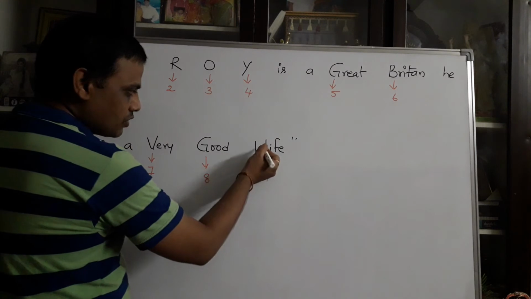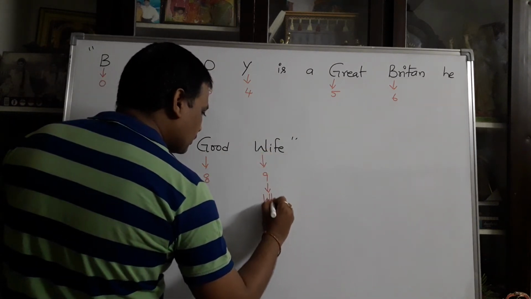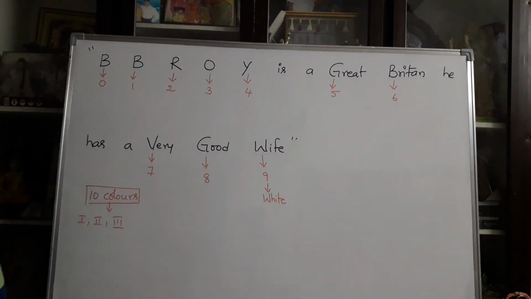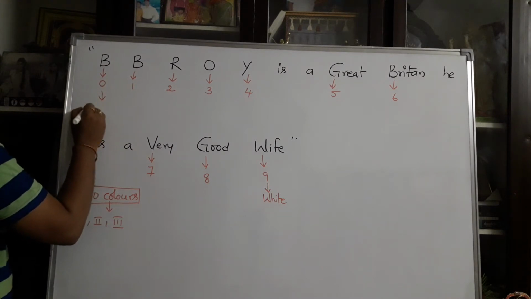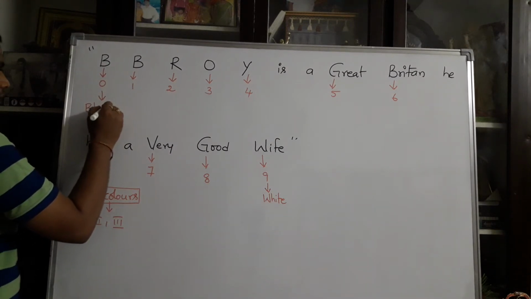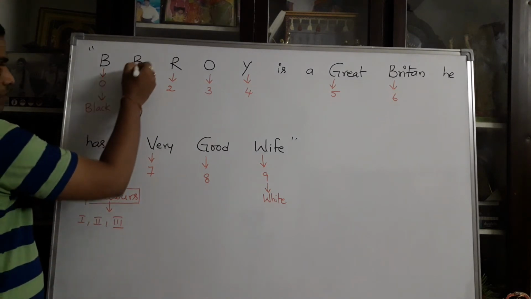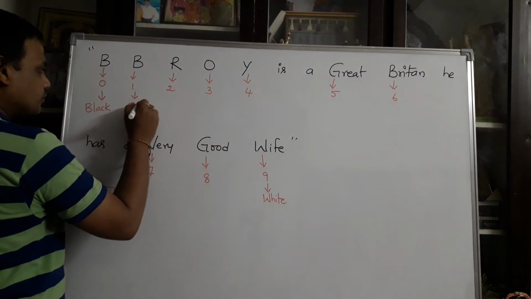Each and everyone knows W. W is nothing but white. The opposite color of white is black. So, go to the starting: first color is black, easily identified. Black and white, exactly opposite. After black, again B is there. That B nearer to black color is brown.